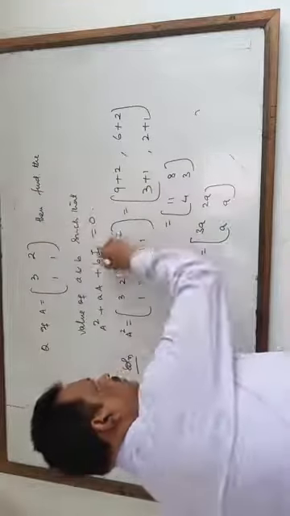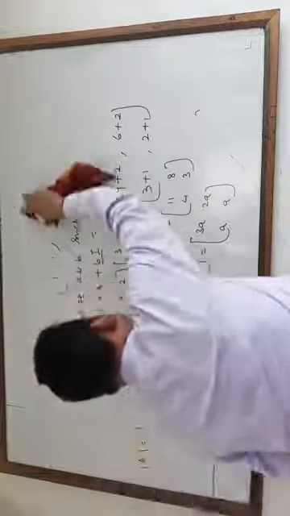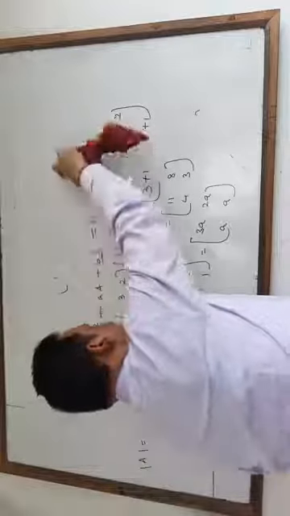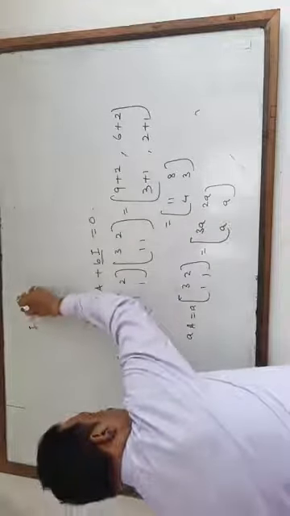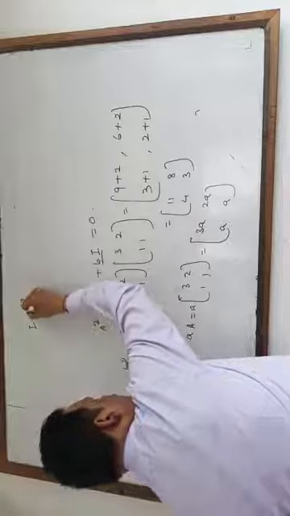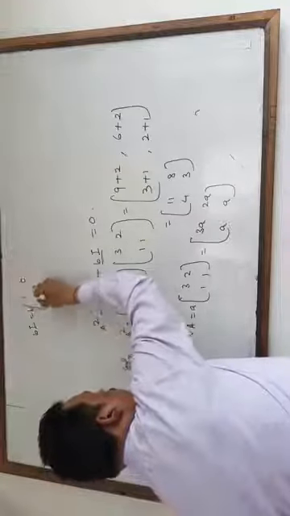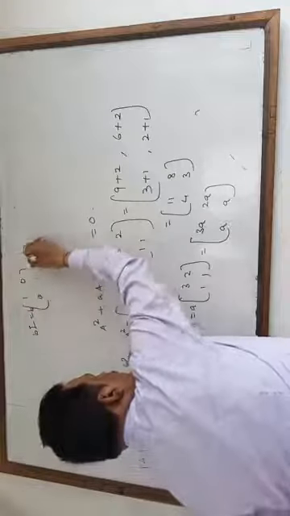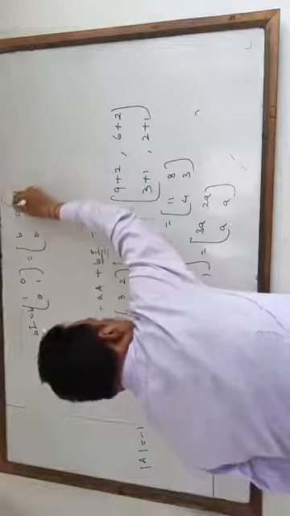This part is important for you. What is BI? I is the identity matrix. I is identity matrix means BI is b times 1 0 0 1. So multiply, b 0 0 b.